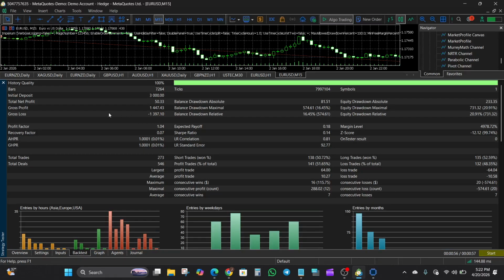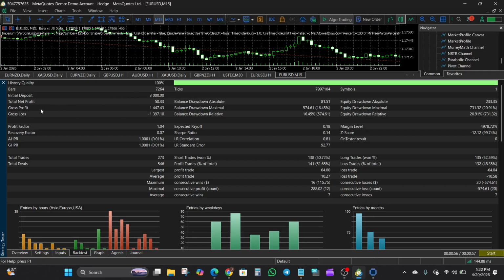Now, over the past 3.5 months, based on this backtesting, we had a net profit of about $50. That is around 1.5% or thereabout, 1.6%, because we used an initial deposit of $3,000 for this backtest and we're having a net profit of $50.